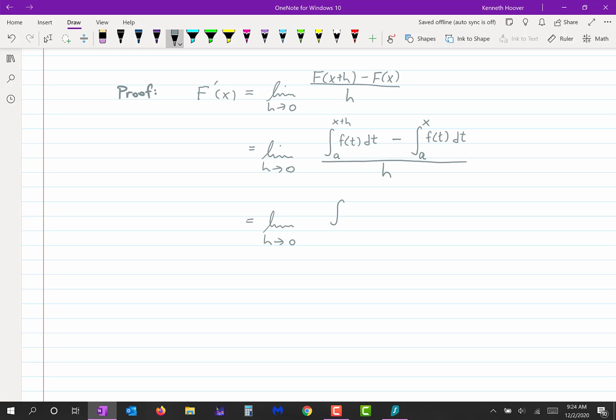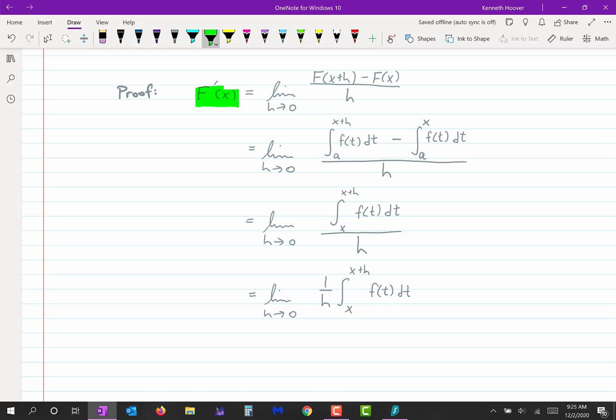The integral from x to x plus h. Okay? And this is up to you, but you might think it looks better if we write it like this. Okay, so there we go.